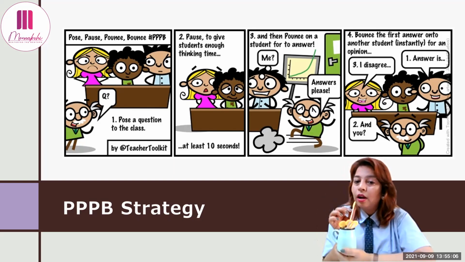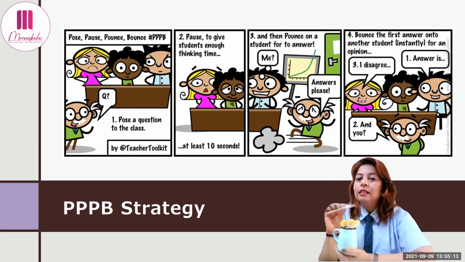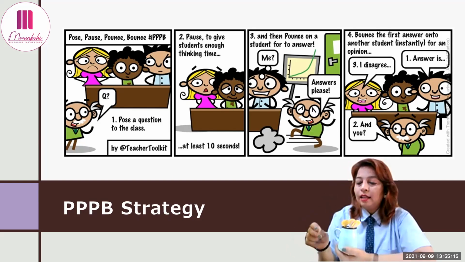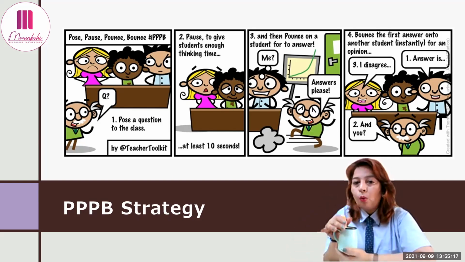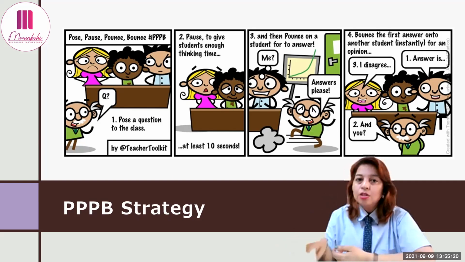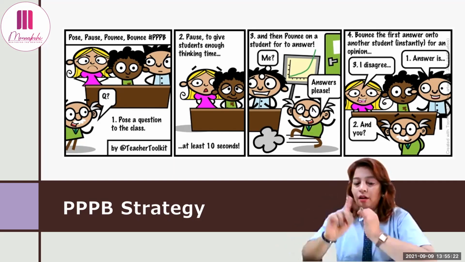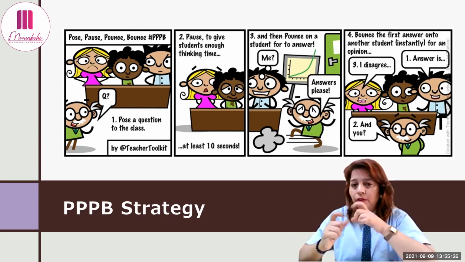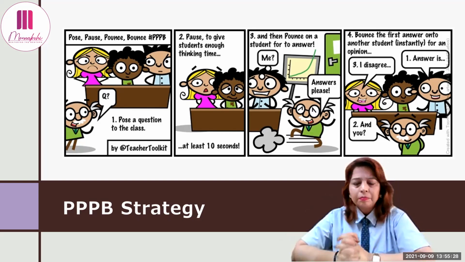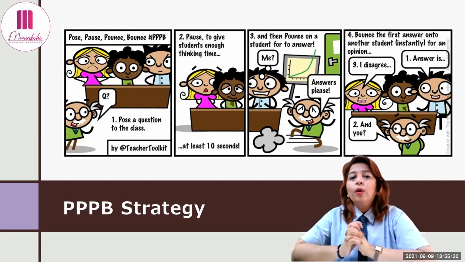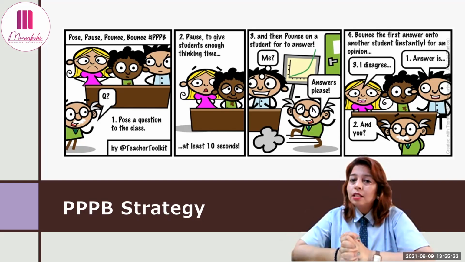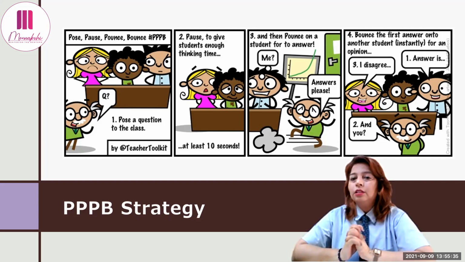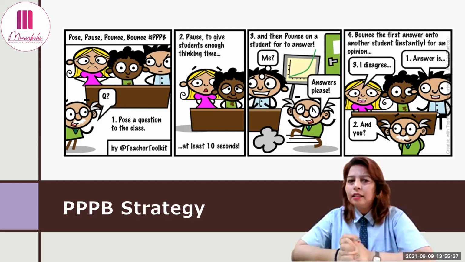But make sure when the child responds to the question, you discard the popsicle and keep it away so that you are able to give a chance to all other students, right? So when the child has answered after thinking and discussion, during the time that you have given to your students, to ensure more engagement in the class, you need to bounce the first answer onto another student instantly.